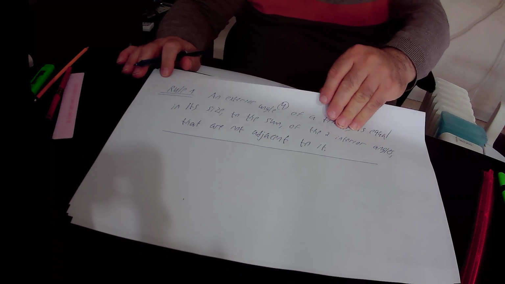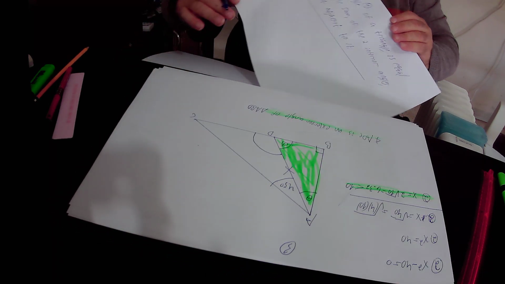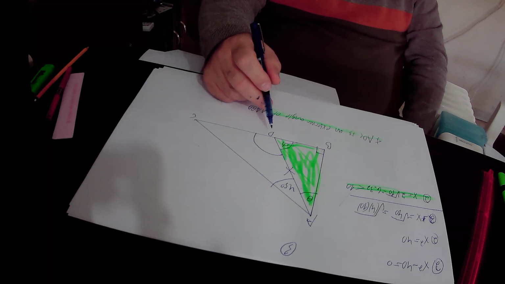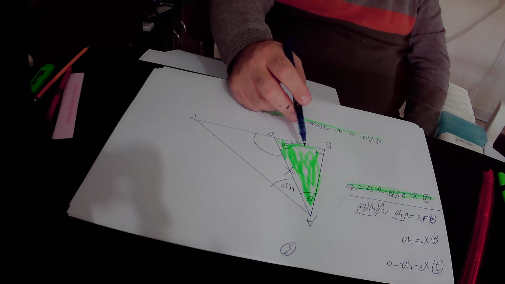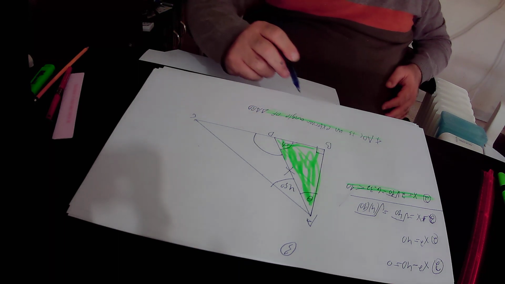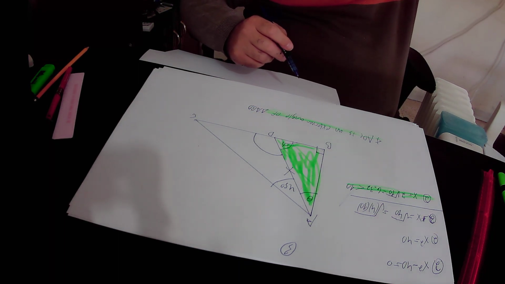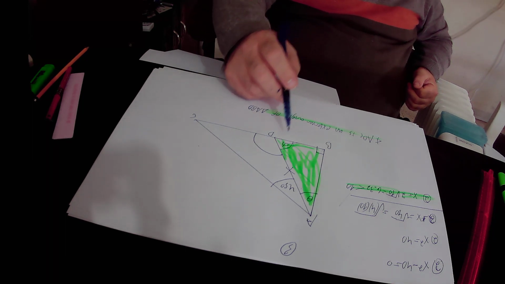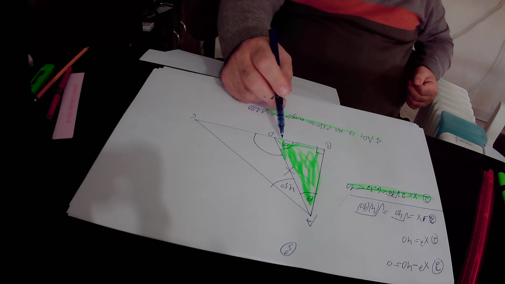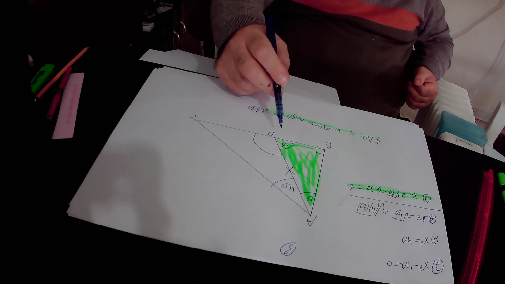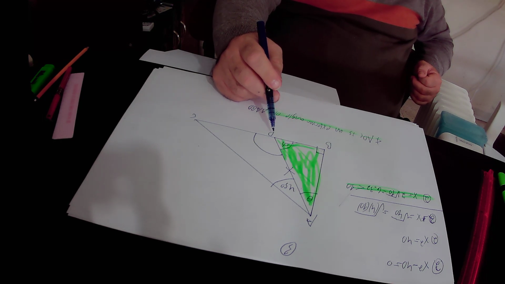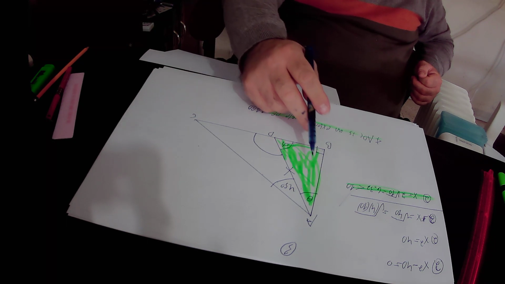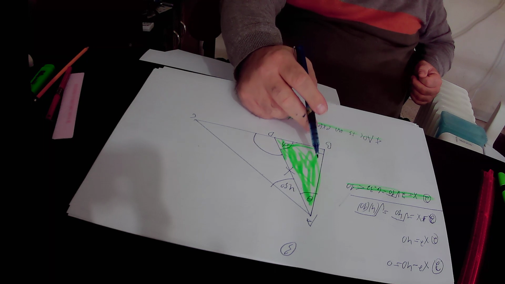So according to rule number 1, the size of this exterior angle, angle ADC, of the right triangle ABD, will be equal to the sum of the two interior angles that are not adjacent to it. Angle alpha is adjacent to angle ADC, and the two other interior angles of triangle ABD that are not adjacent to it are theta and 90 degrees.